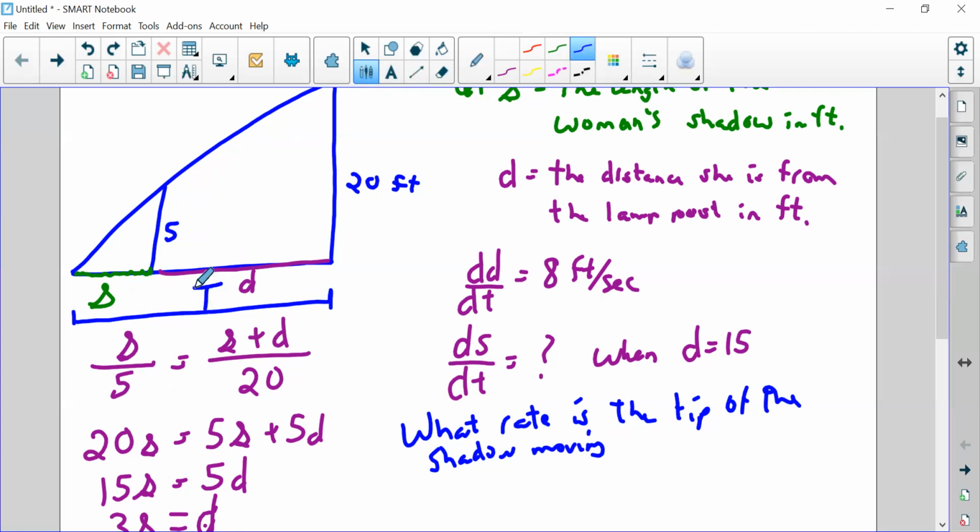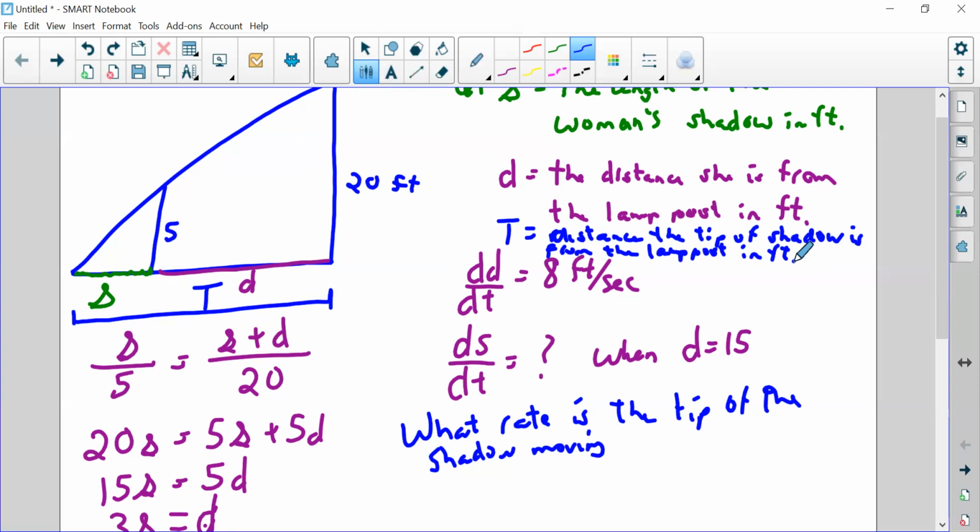So we're going to let big T equal the distance from the tip of the shadow to the lamppost. I introduced a new variable there.